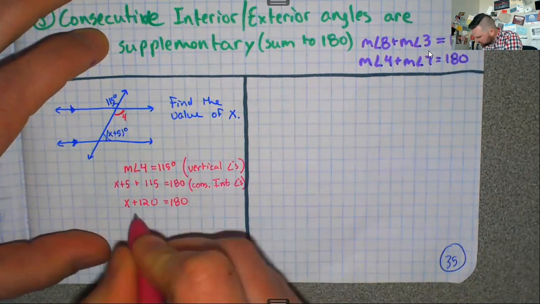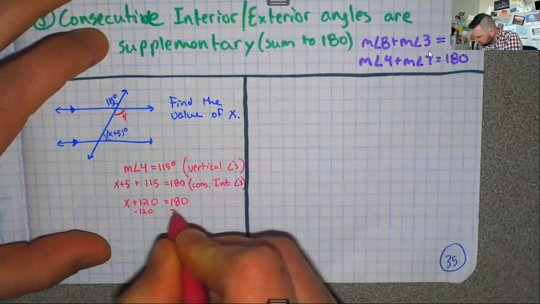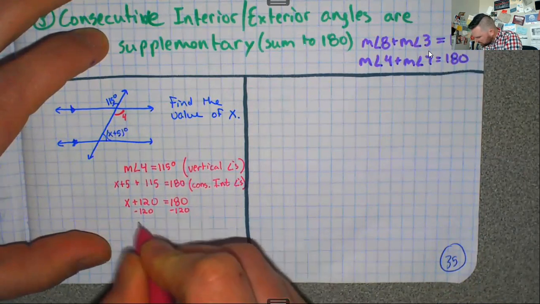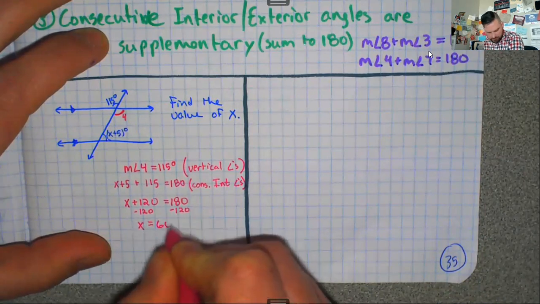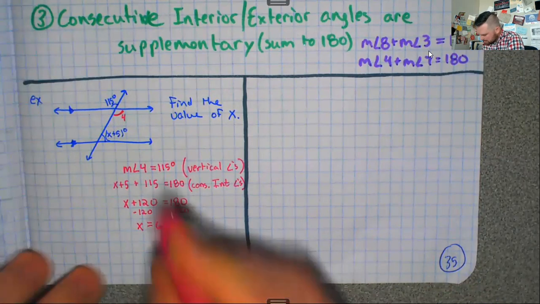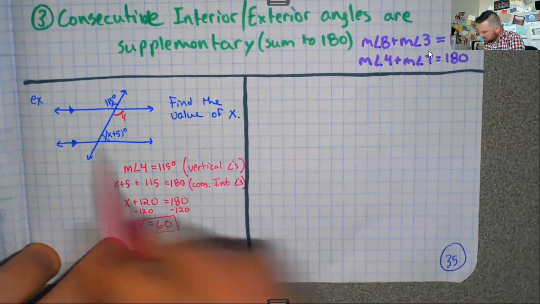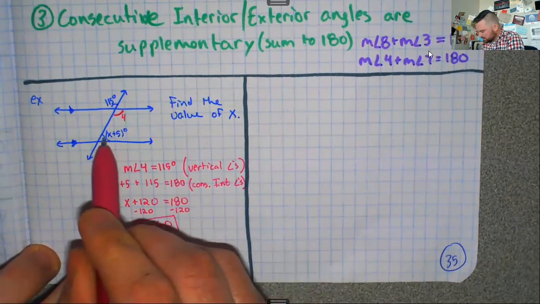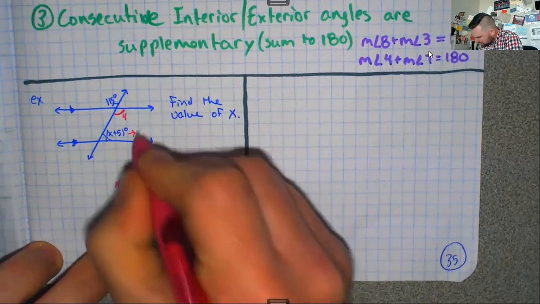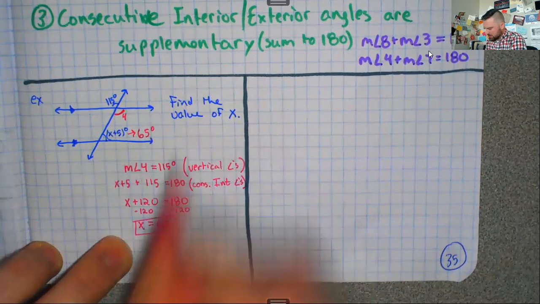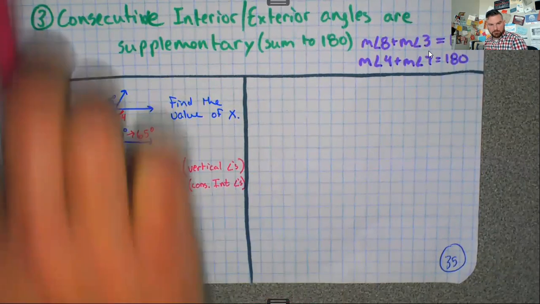If I subtract 120 from both sides, x equals 60. So x is 60. That does not mean that this is 60 degrees. This, in fact, is 65 degrees because it's x plus 5.